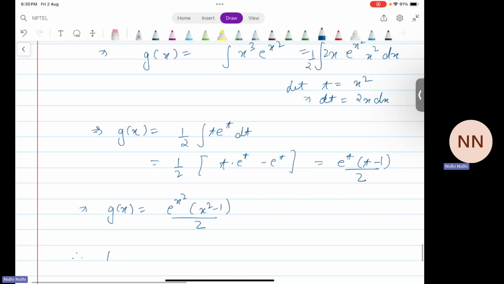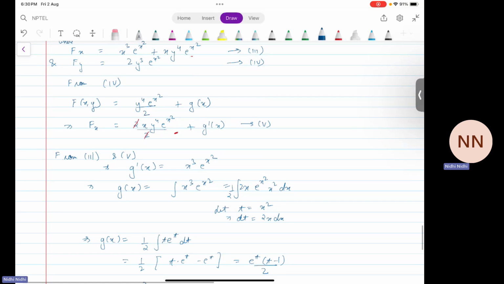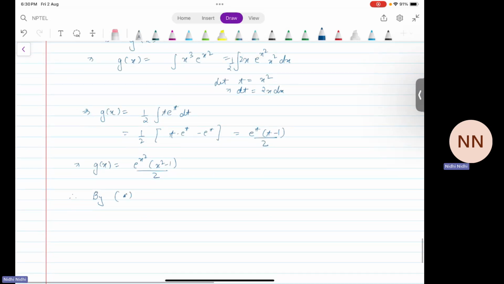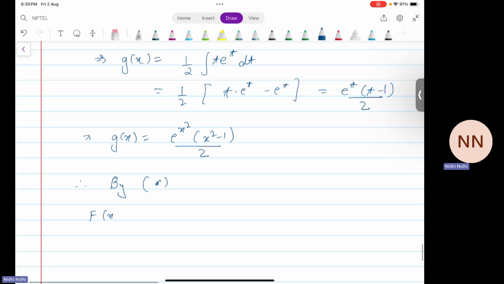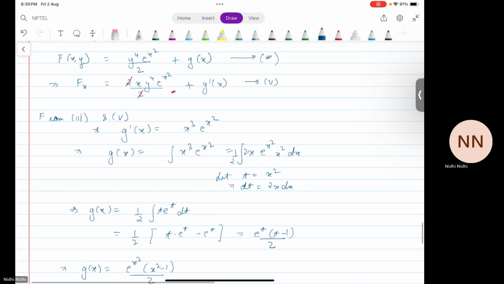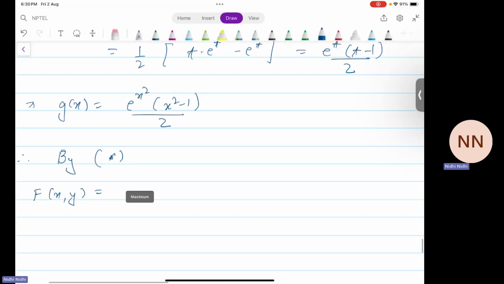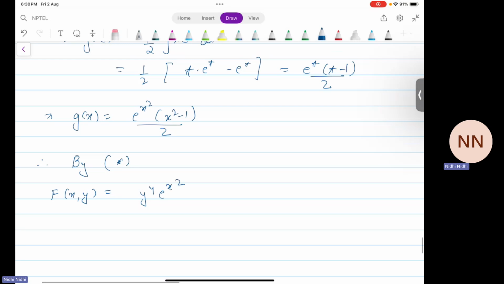Therefore, let's number this as star. By star, we have f(x,y) is equal to y power 4 e power x square by 2 plus (x square minus 1) e power x square by 2.